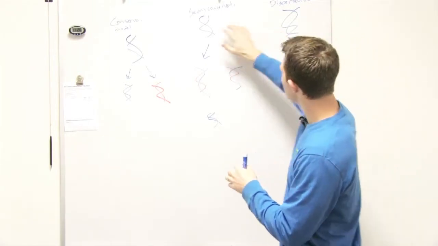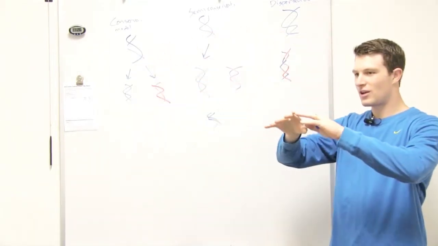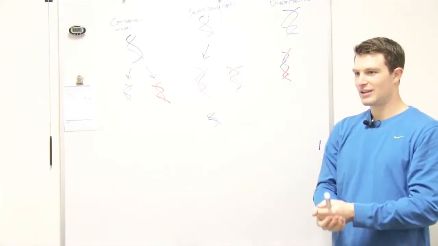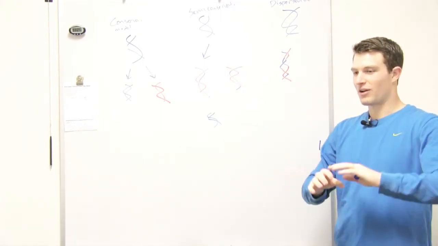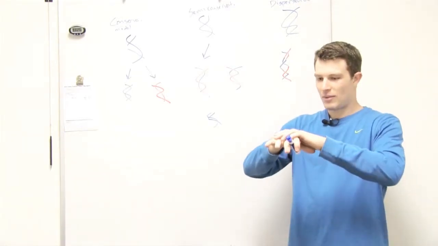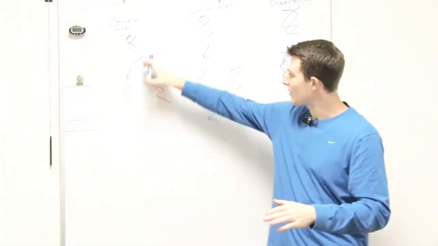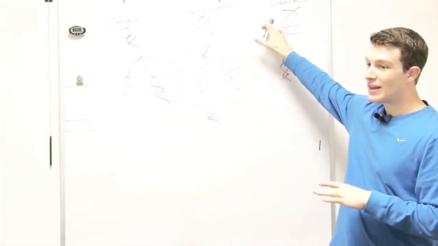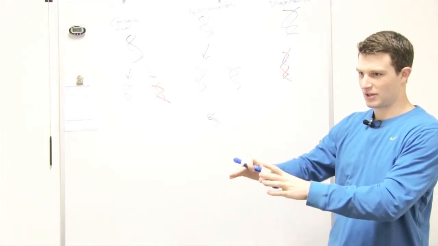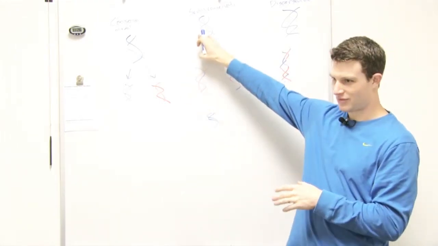So if this was the original strand, they had bacteria that only made DNA with the nitrogen-15. So it's different. You could follow it. So the bacteria made this parent set of DNA. They didn't allow normal nitrogen to be there, which is why it only used the nitrogen-15, right?